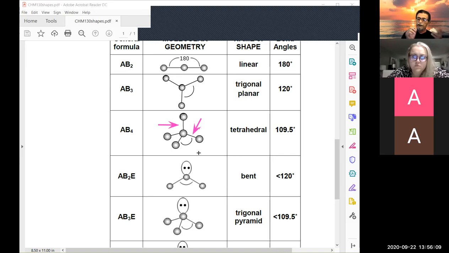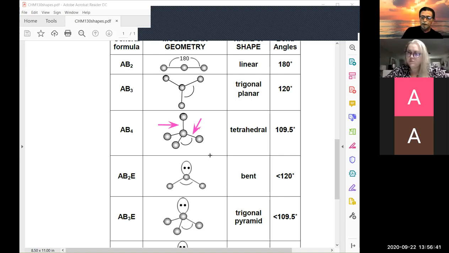And being negative charge, they want to repel from other bonds. So this is the optimum configuration when you have 4 bonds on the central atom, because those electrons want to repel as far away from each other as possible. So tetrahedral tends to be the most common configuration in nature.